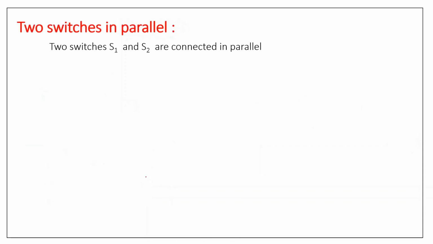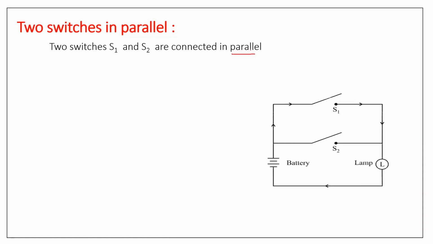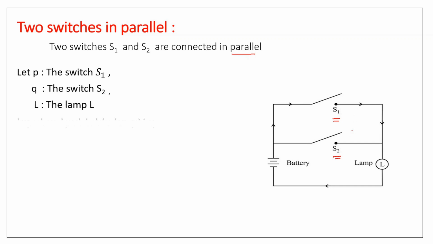So 1 1 gives 1, otherwise it is 0. Next, two switches in parallel. What will happen when two switches are in parallel? We will see. This is the diagram. See, S1 and S2 are in parallel. Let P be the switch S1, Q the switch S2, and L the lamp.